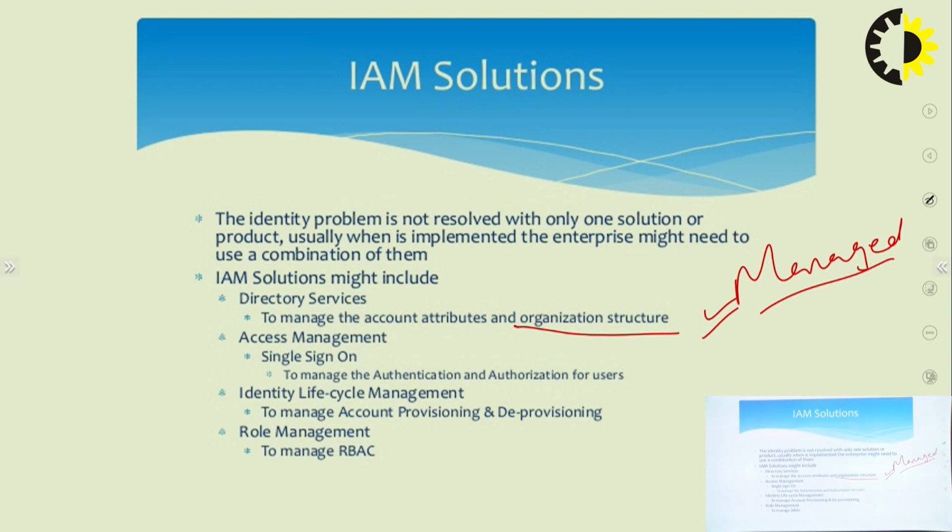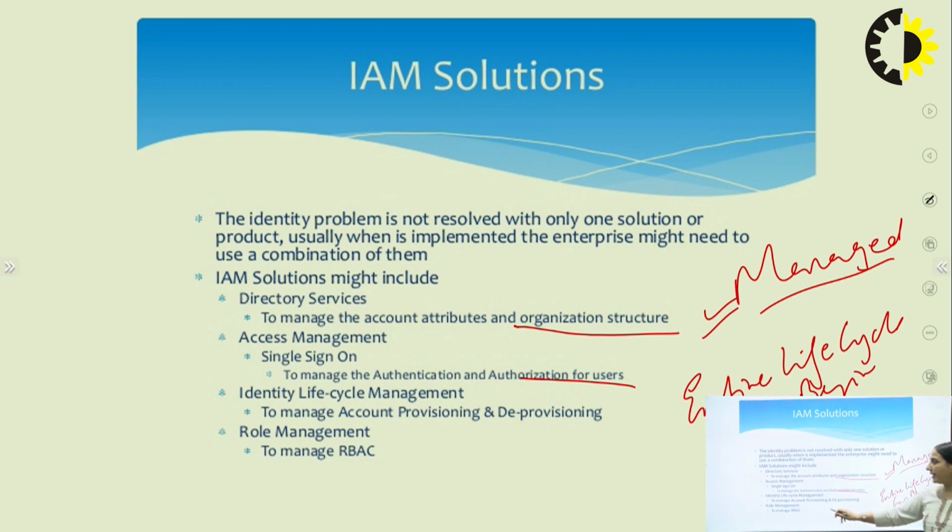Then in terms of access management, single sign-on to manage the authentication and authorization for different types of users. Identity life cycle management to manage account provisioning and deprovisioning. The entire life cycle needs to be managed, from beginning till end.